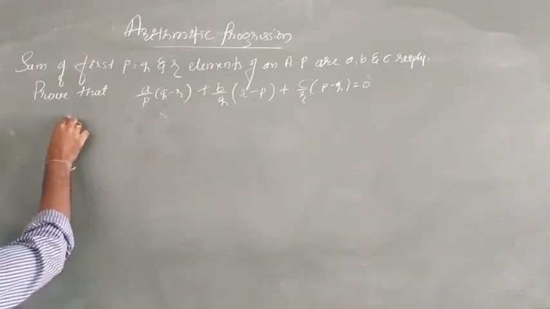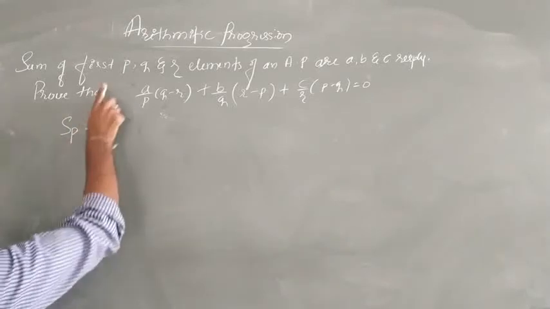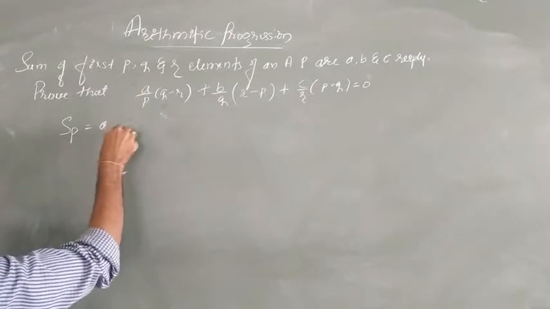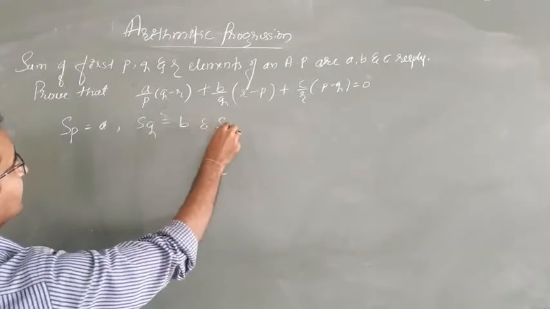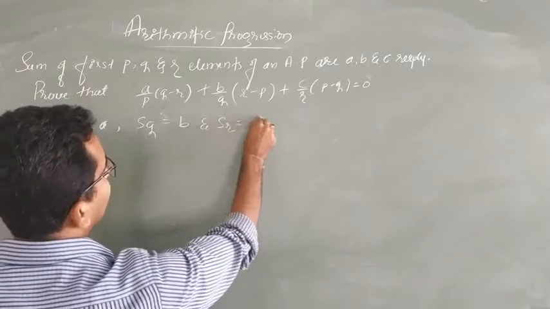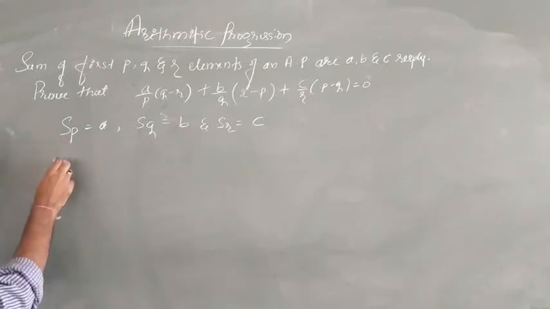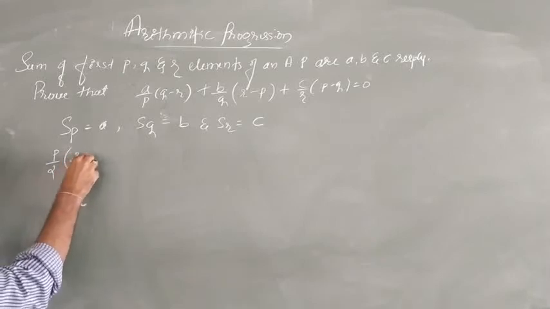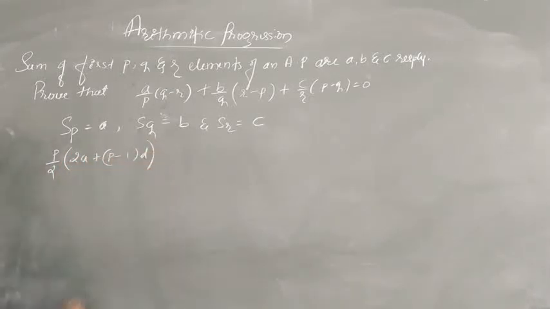Okay. The sum of the first elements of an AP, that is S. Sum of the first p elements of an AP is a. Sum of the first q elements is b. And sum of the first r elements, they have given it as c. Okay. So now the sum of the p elements, how we can derive? That is p by 2 into 2a plus p minus 1 into d. Got it?